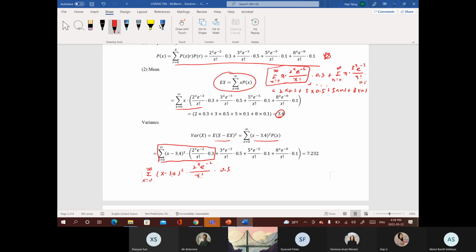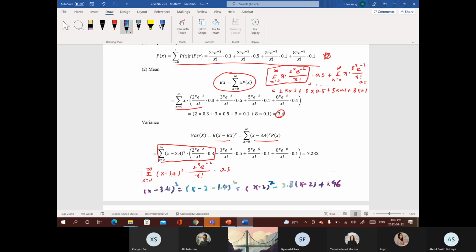Let's do some expansion. Say that x minus 3.4 can be written as x minus 2 minus 1.4, squared. That is (x minus 2) squared minus 2.8 (x minus 2) plus 1.96.